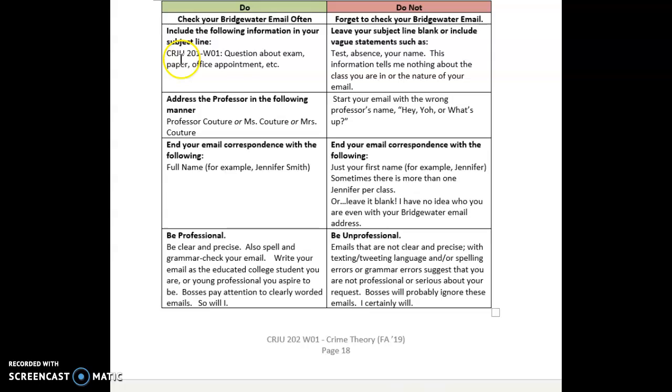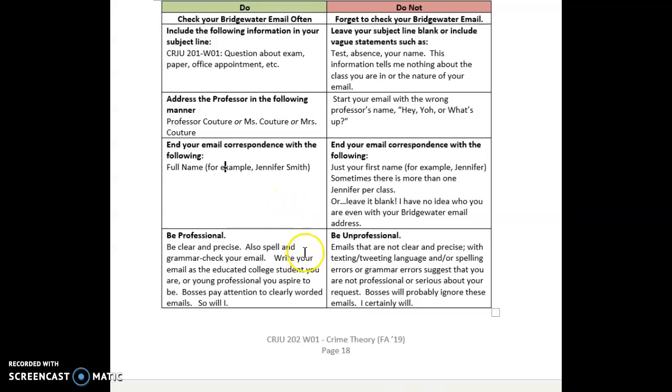Always include in the reference line the course and the number. Please address me as I've requested you do here. Please provide your full name. Please be clear and precise. Spell check, grammar check, and write your email as the educated college student you are and the young professional you aspire to be.